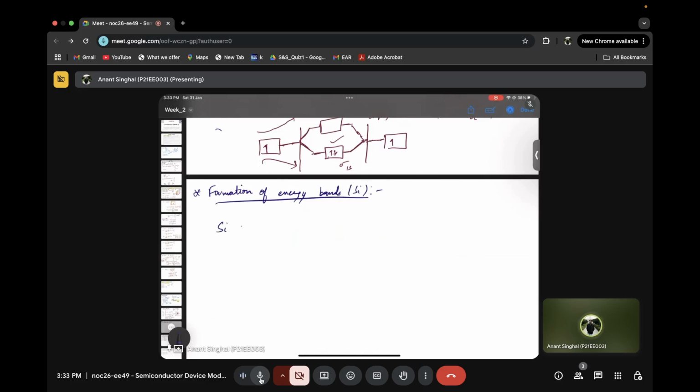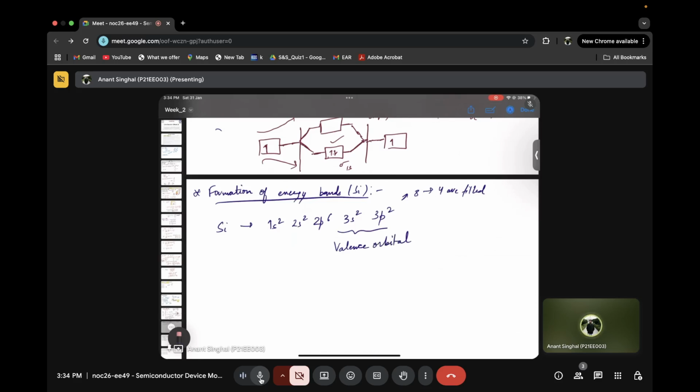For silicon, we know that the orbital is 1s2, 2s2, 2p6. This is completely filled, and then 3s2, 3p2. In this, there can actually be 8 states, but only 4 are filled, right? This should be the valence orbital first of all, or valence band. That is what we say in general.